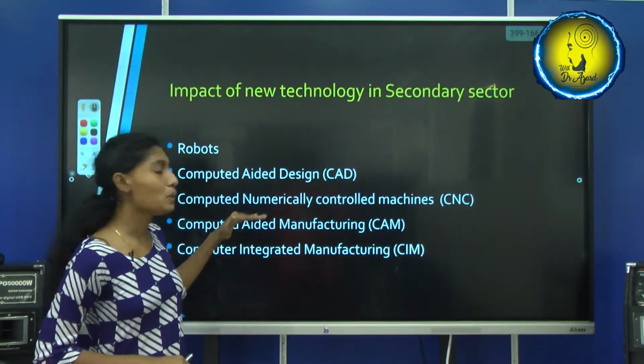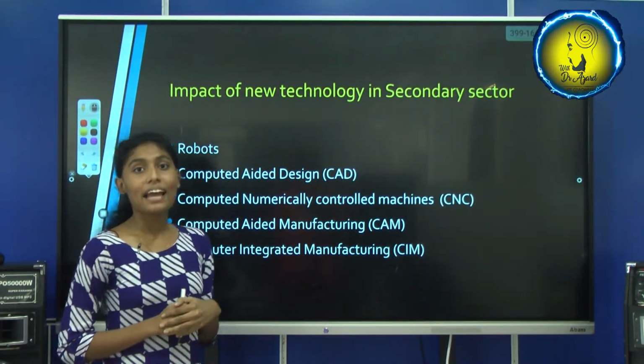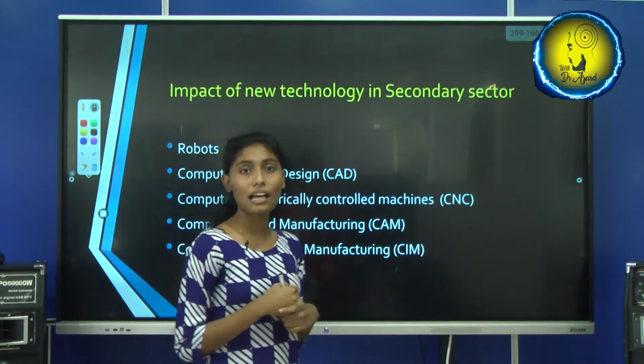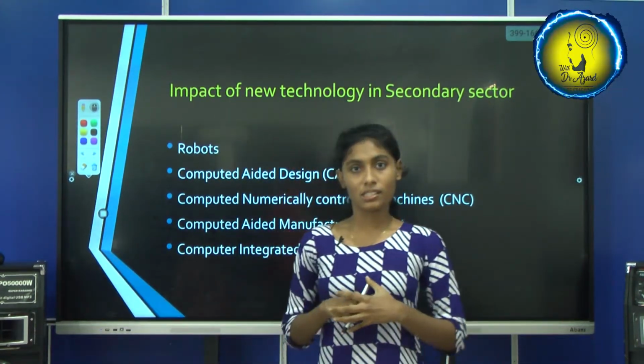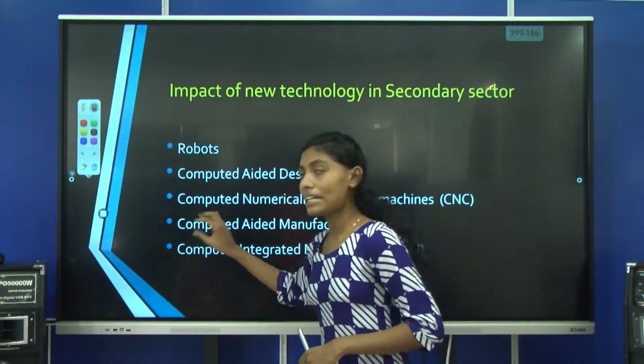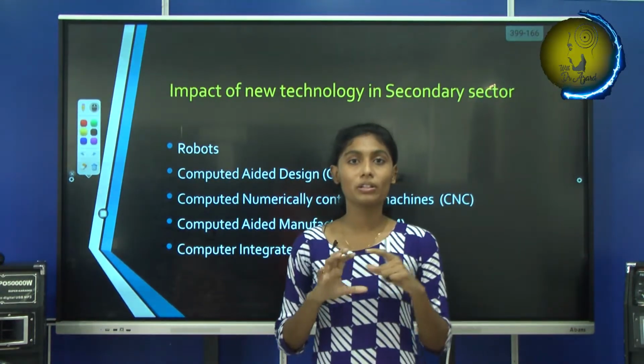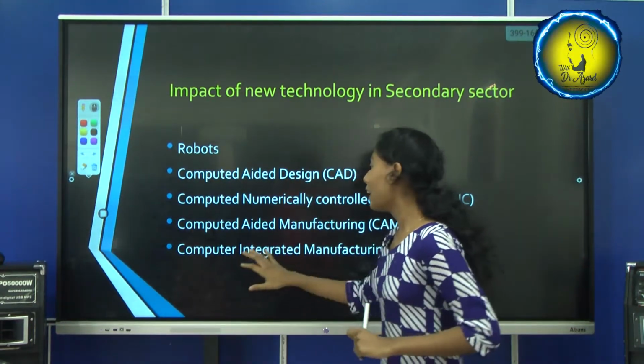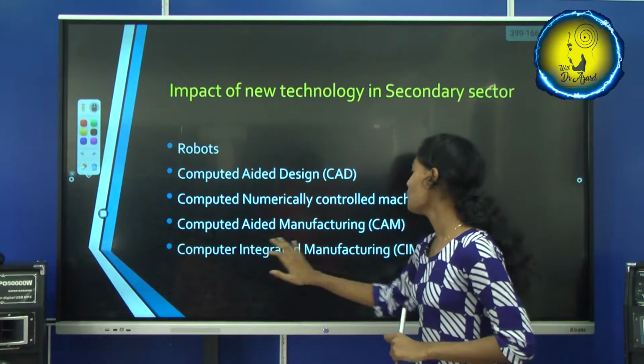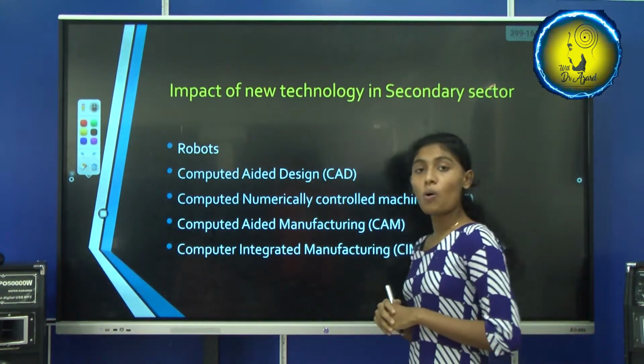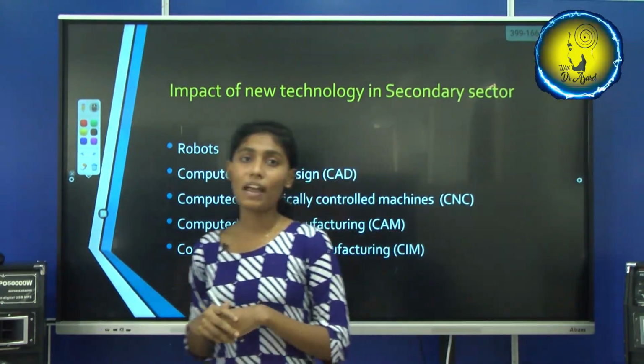Then we have computer aided manufacturing. That means they produce the products using computers. The computer is automated and they will use the whole automation process. And the next one we have is computer integrated manufacturing. What do you mean by integrated manufacturing?